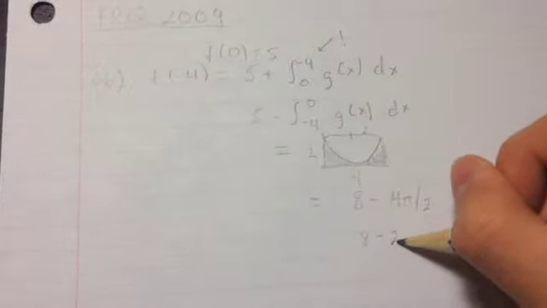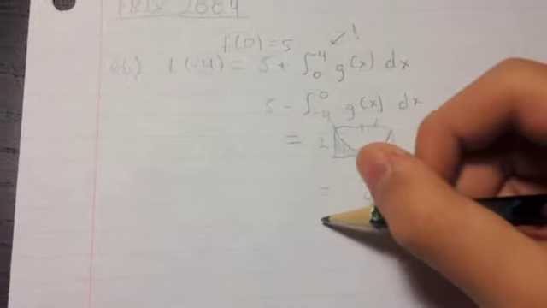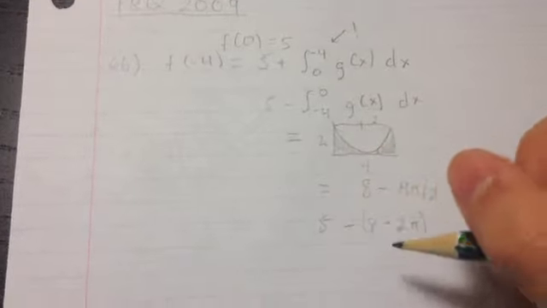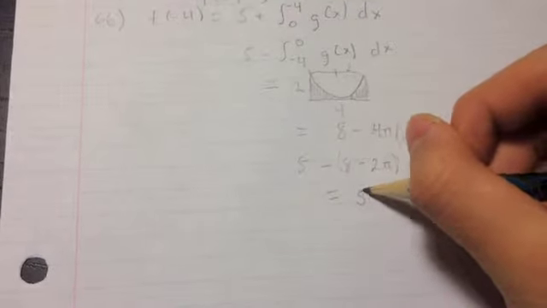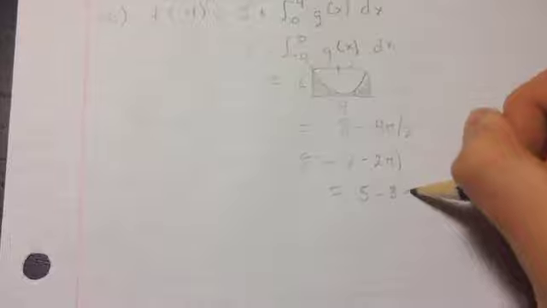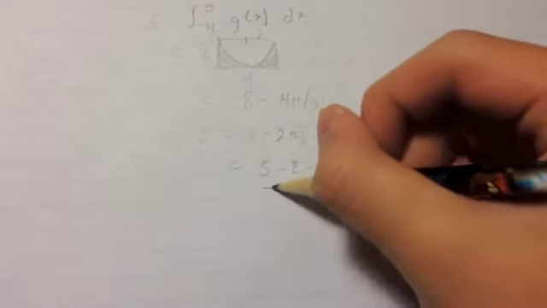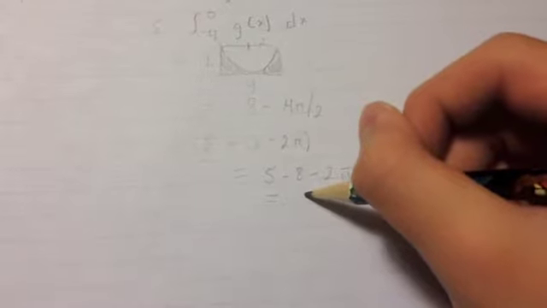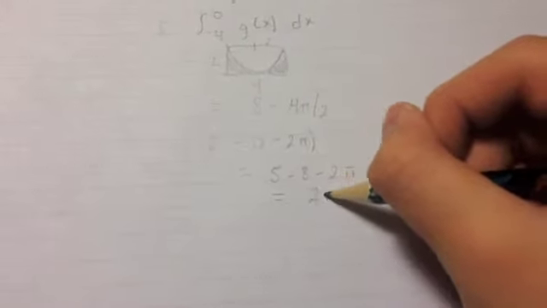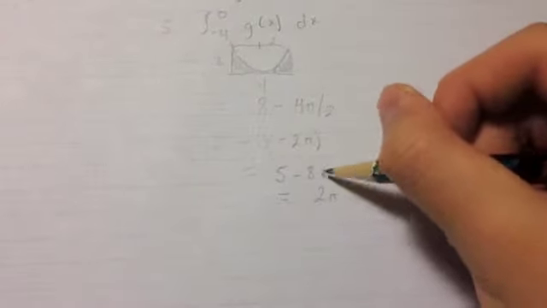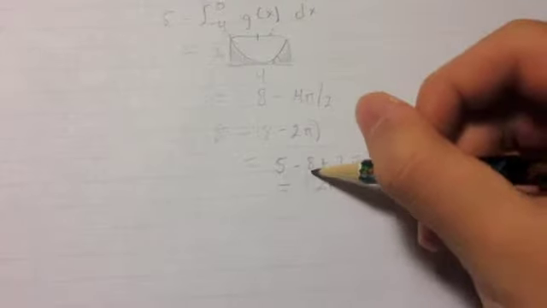So it'd be 8 minus 2 pi is our area, and substituting that into our original equation, 5 minus that, after I distribute the negatives. I totally forgot about the 2 pi, but I'll fix it. And there it is. And so our answer would be 2 pi minus 3.